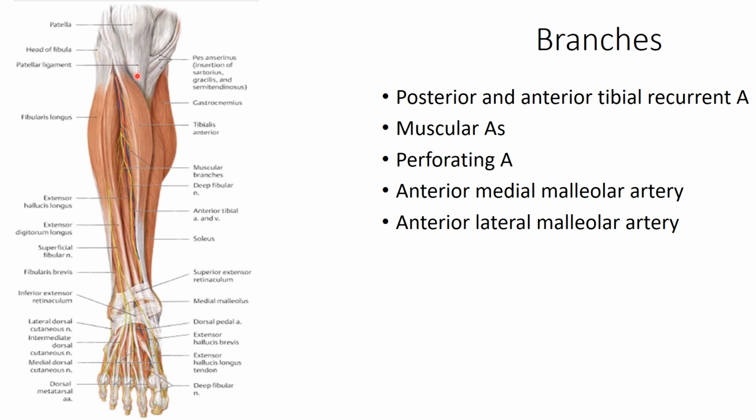Both branches anastomose with the vessels around the knee joint, so they contribute to the anastomosis around the knee joint.